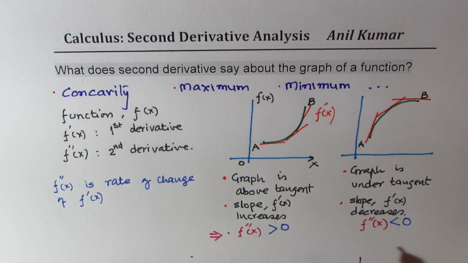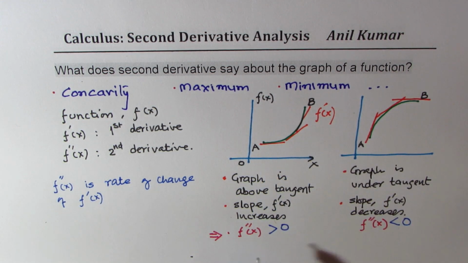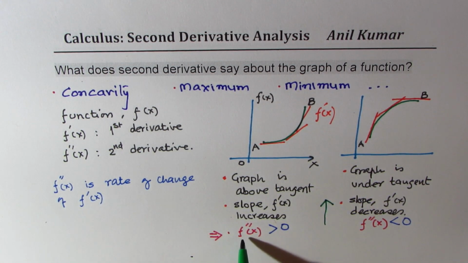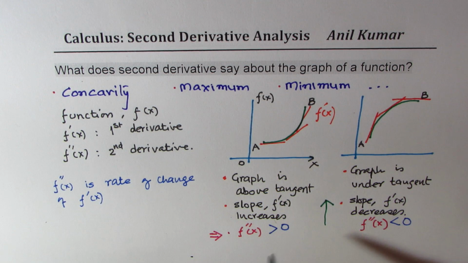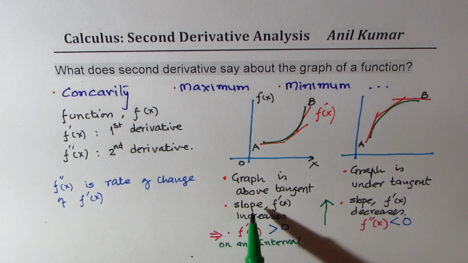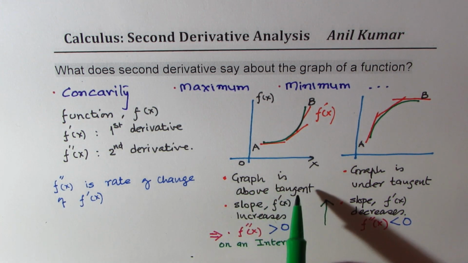Now that's a huge thing. From here, we can say something about the graph. If we go backwards, let's go backwards. Now we say if the second derivative is greater than 0 on an interval, in that case, the slope of the function increases and the graph is above the tangent line. You see that part?